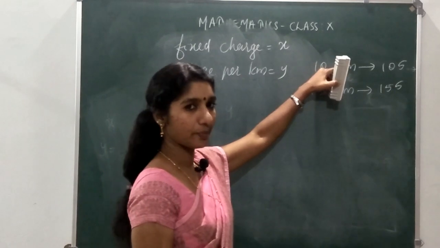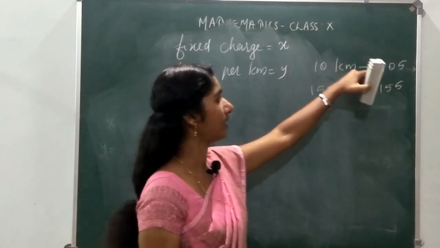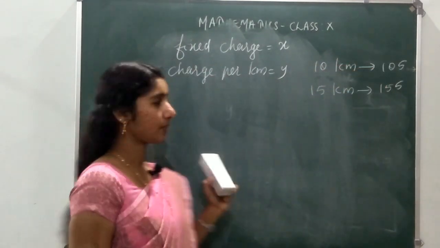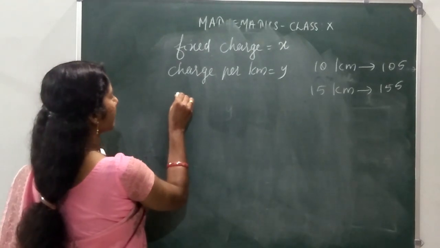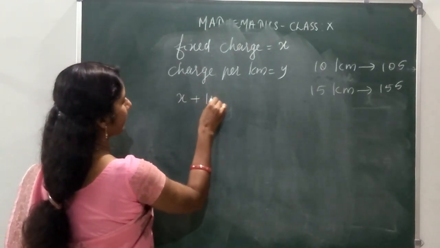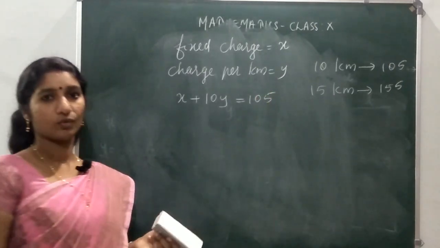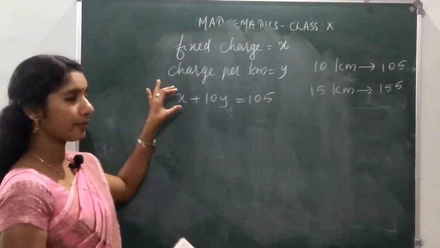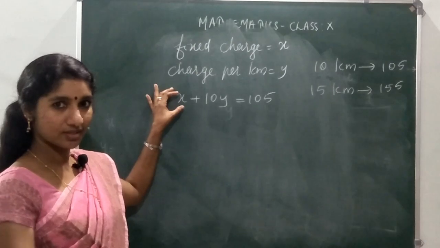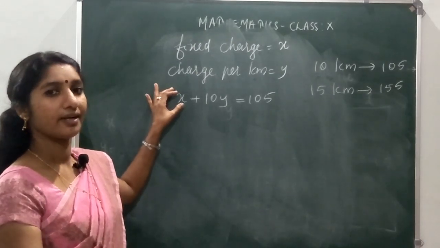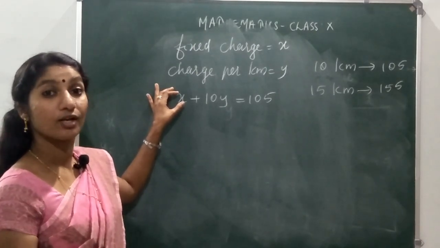So from the statement, for 10 kilometer 105 rupees, we are writing like this: x plus 10y equal to 105. Why? Fixed amount anyway we need to pay, because taxi is charging like that. Fixed amount plus additional charge according to the kilometer.